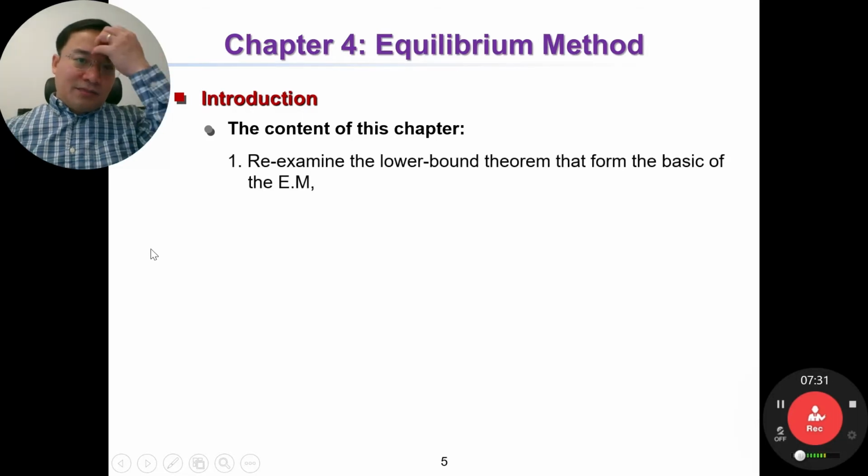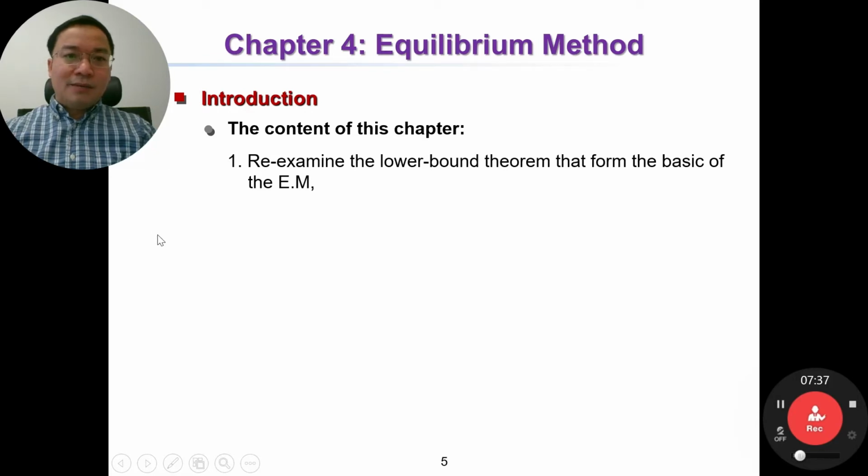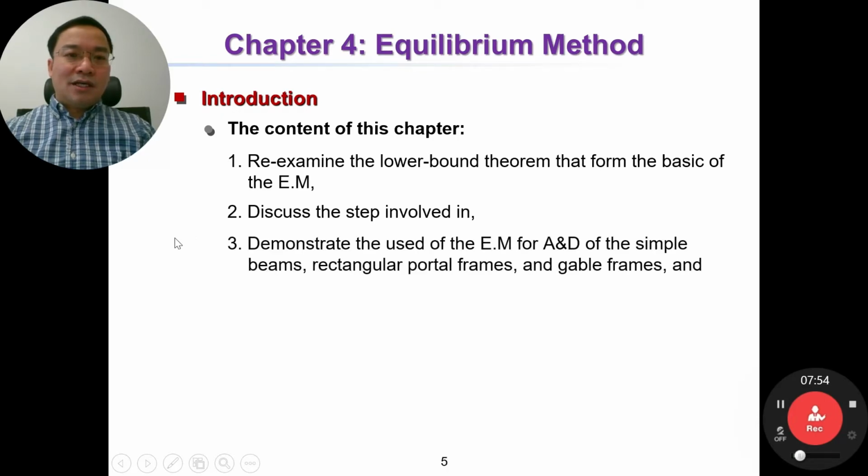The contents of this chapter: the first is to examine the lower bound theorem that forms the basis of the equilibrium method. The second is to discuss the steps involved. The third is to demonstrate the use of the equilibrium method for analysis and design of simple beams, rectangular portal frames and gable frames.